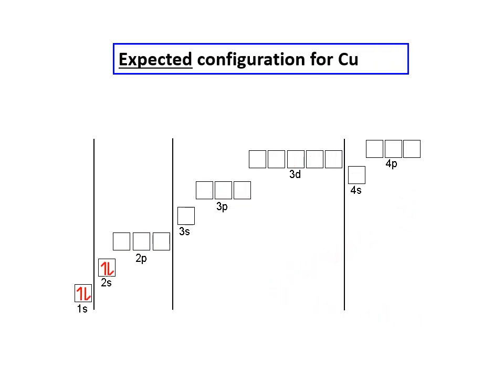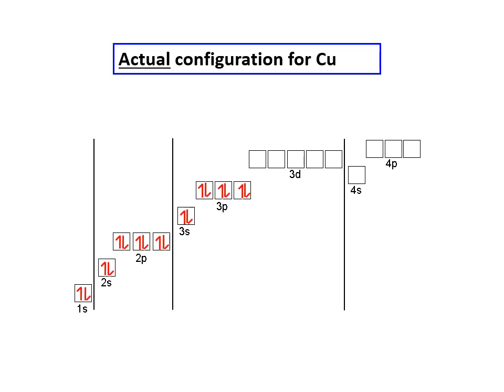And then for copper, the expected configuration is 1, 2, 3, 4, 5, 6, 7, 8, 9 in the 3d's. This is what we would expect. But in reality, what happens is that only 1 goes in the 4s, but 10 go in the 3d's.